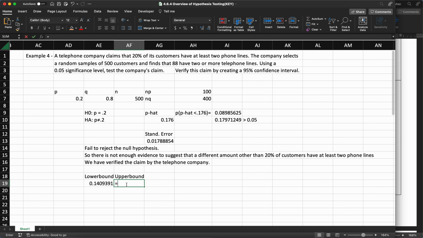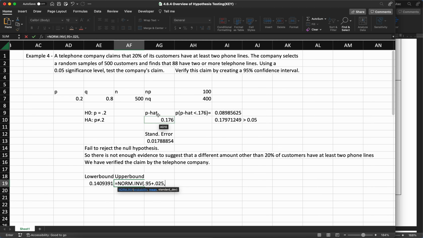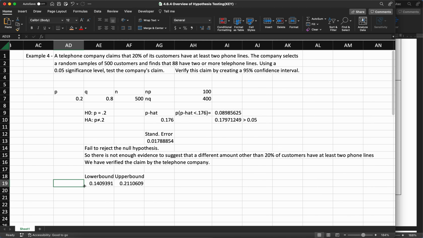My upper bound is going to be norm.inverse. I'm going to take the 95%, 0.95. I'm going to add 0.025 to it, comma, p hat, comma, standard error, and that gives me 0.211. So this is my lower bound, this is my upper bound.